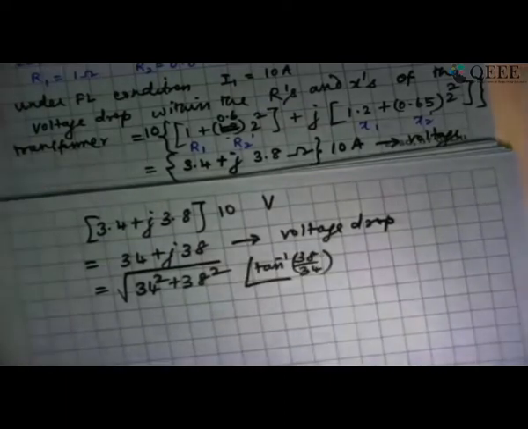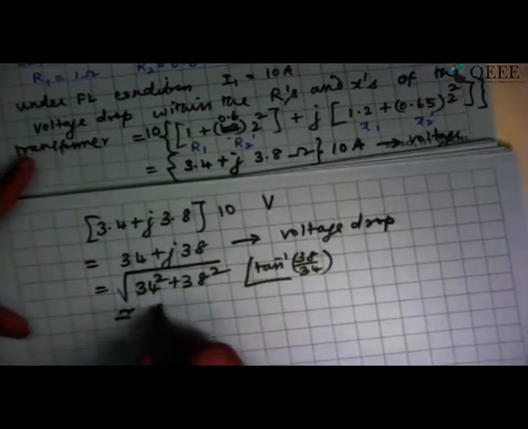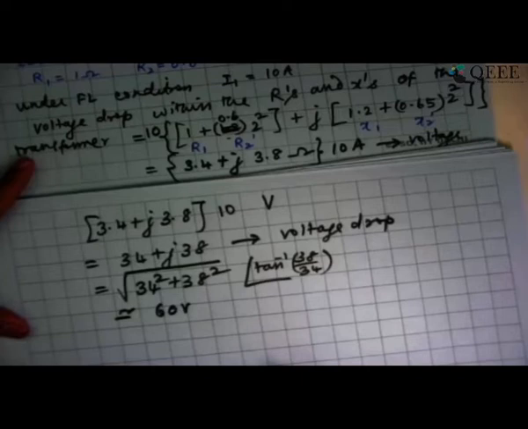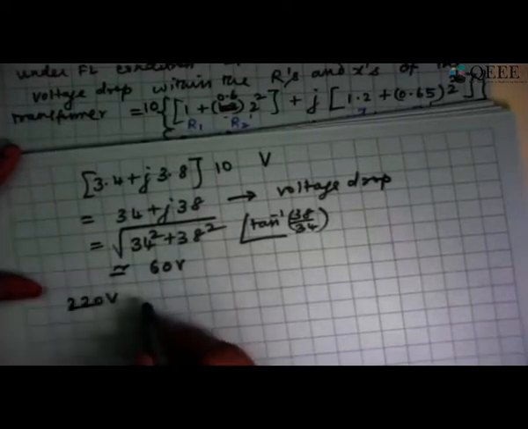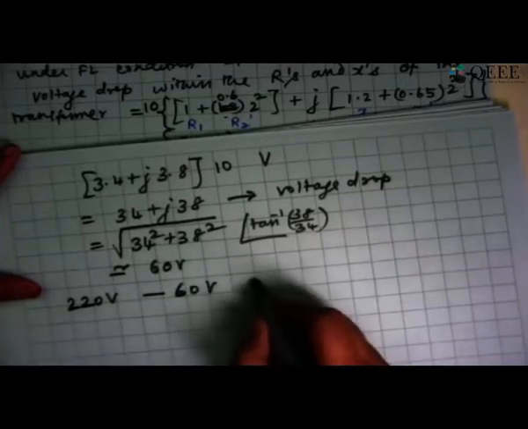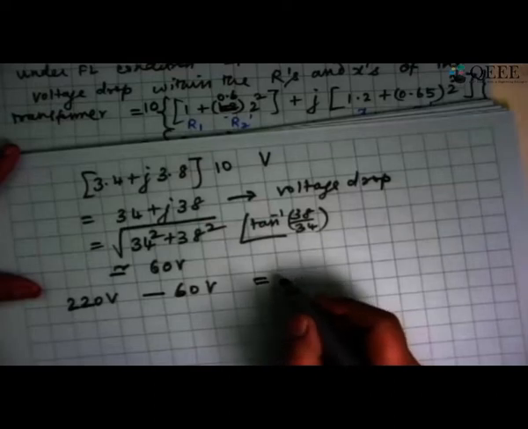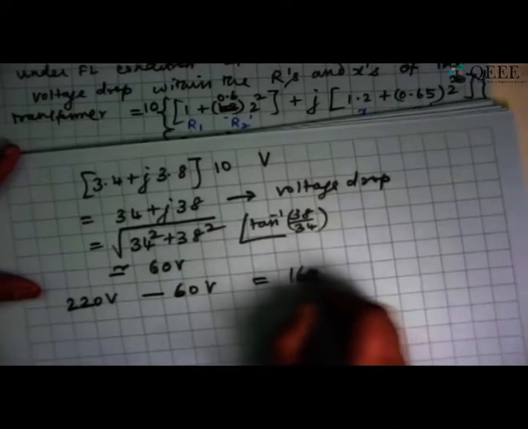That's not a problem. So what I am getting here is going to be approximately some 50 or 60 volts. Definitely, I will have more than that. So out of 220 volts I have applied, internal drop is going to be something like 60 volts, because of which I am going to get only about 160 volts, nothing more than that.